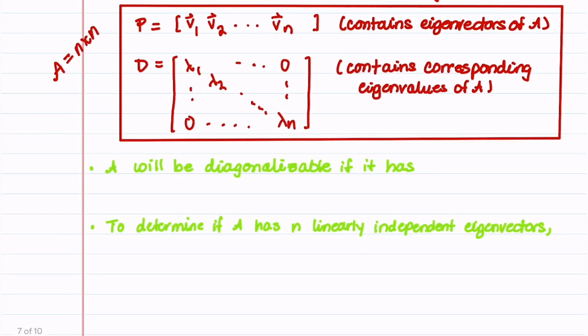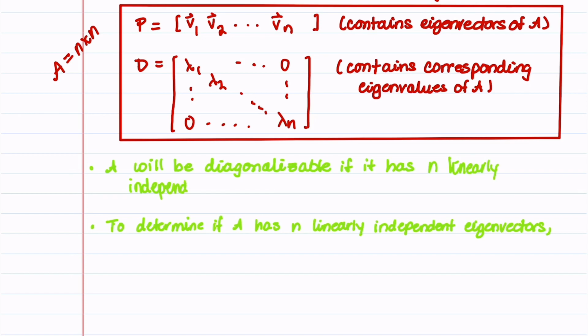We have two more little tidbits of theory, and then we'll go do an example. We say that A will be diagonalizable if it has n linearly independent eigenvectors or n distinct eigenvalues.